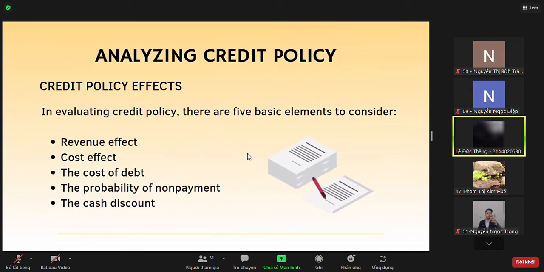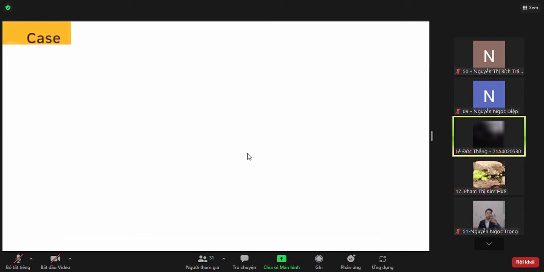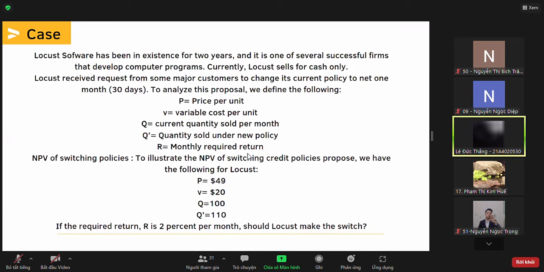So the second part of analyzing credit policy, I want to mention evaluating a proposed credit policy. To evaluate, we will take a look at the real case of Locus Software company. Currently Locus sells for cash only, but they want to change their policy to net 30 days, at the customer's proposal.